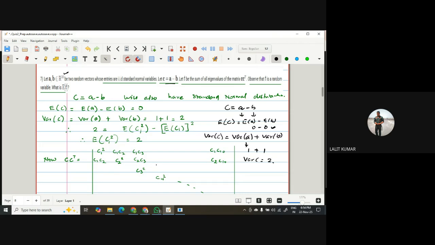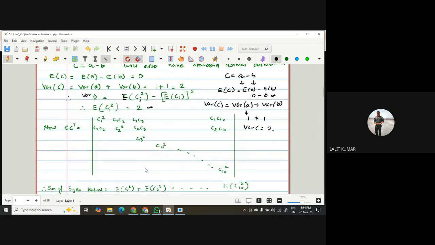Now we use this for our variance. Variance of Ci is equal to expectation of Ci square minus expectation of Ci whole squared. So here we get expectation of Ci square is equal to 2. CC transpose, if we see, is nothing but C1 squared, C1 C2, C1 C3 up to C1 C10.